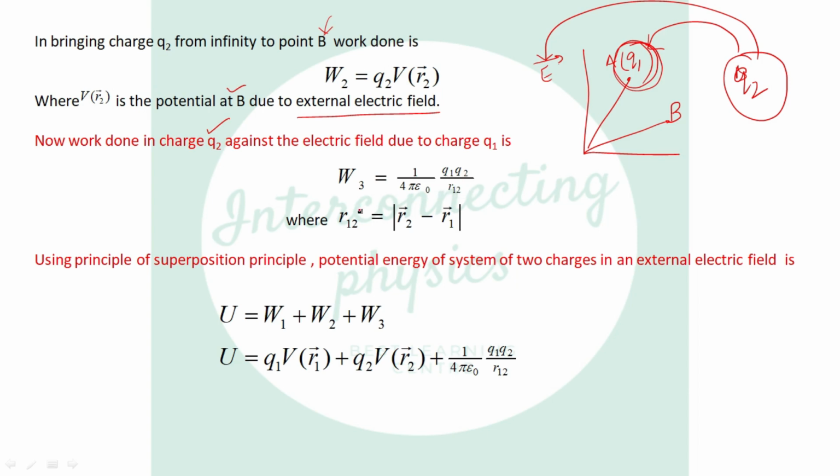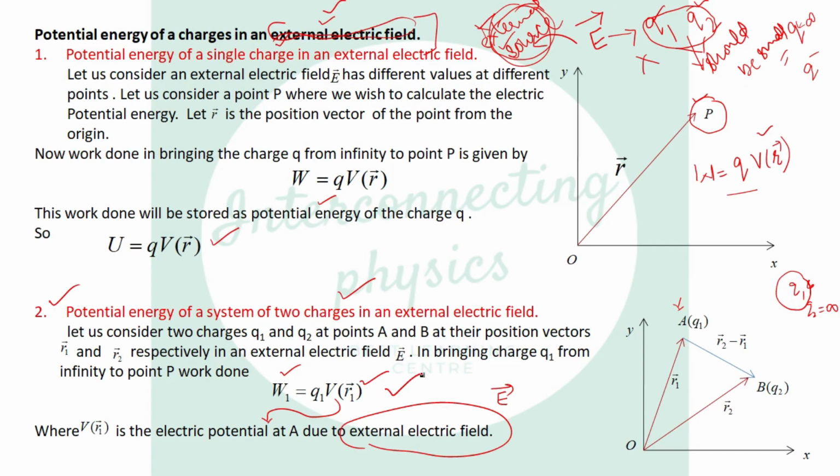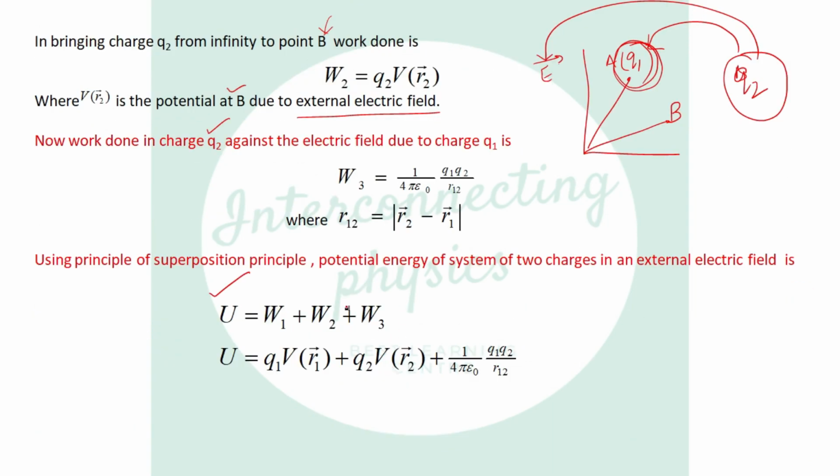So this time the electric potential energy will be W1 plus W2 plus W3. W1 is the work when Q1 charge has been brought from infinity into the external electric field, that is the external potential V(R1), and W2 is the work done in bringing the charge Q2 to point B in the external potential, that is V(R2).